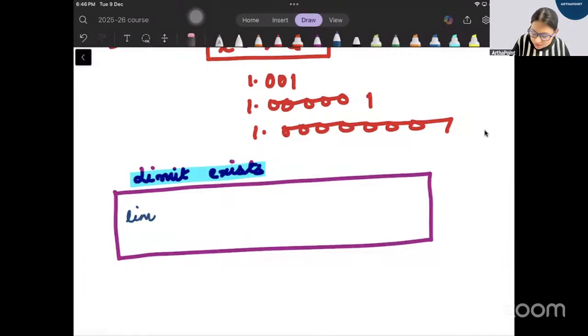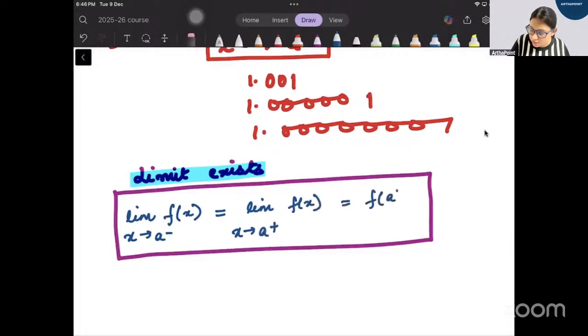So limit fx, when I go towards a from left hand side, is equal to when I go from a from right hand side, is equal to value of the function at a, right? And abhi, you don't have to write this also. We'll talk about this in continuity. Abhi ke liye we are just talking about limit.